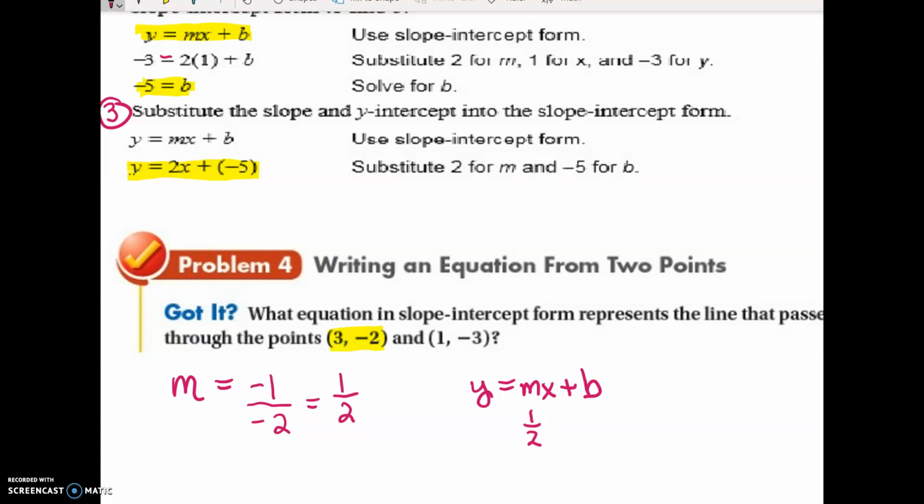I'm going to take -2 and plug it in for y, and I'm going to take 3 and plug it in for x. Now we have an equation where we can solve to get b by itself. We're going to multiply those and then subtract 1.5 from -2. Since we're subtracting, that will end up giving us -3.5. So we're just moving that over. That is now our b.